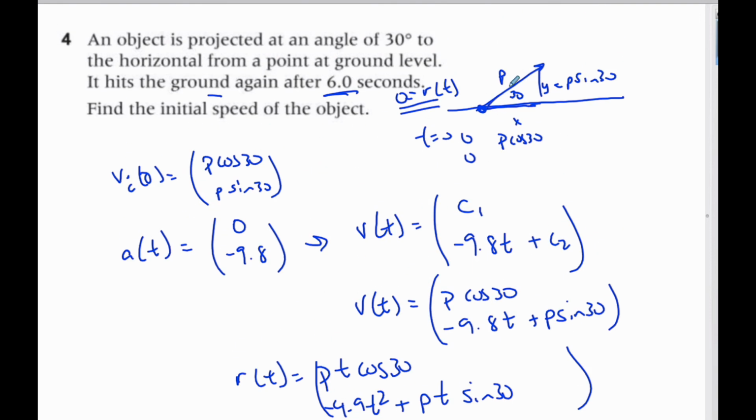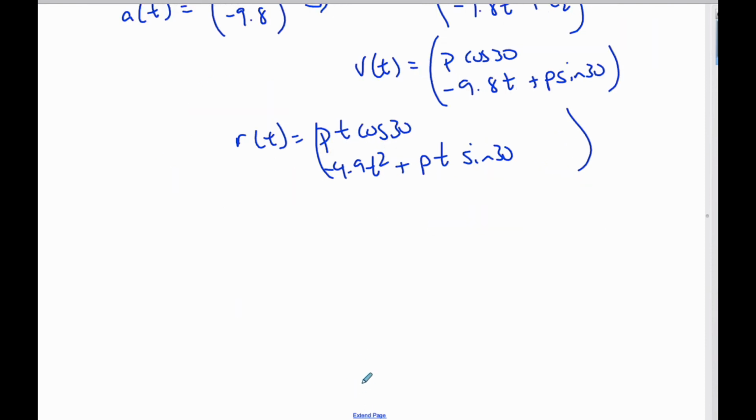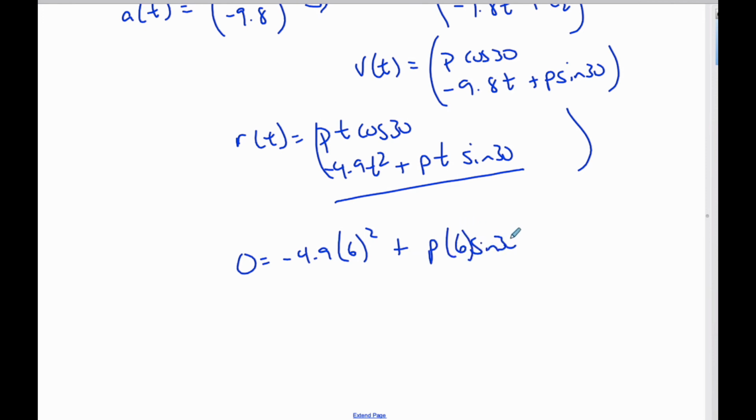I want to know when it hits the ground again at 6 seconds. That means it comes back here. My y value is 0 when t is equal to 6. So 0 is equal to negative 4.9 times 6 squared plus p times 6 sine of 30.